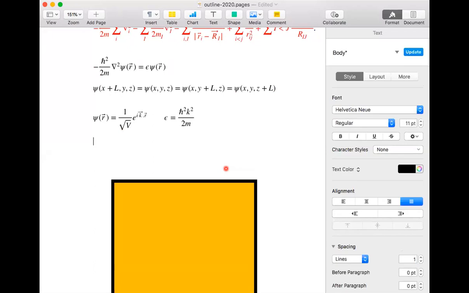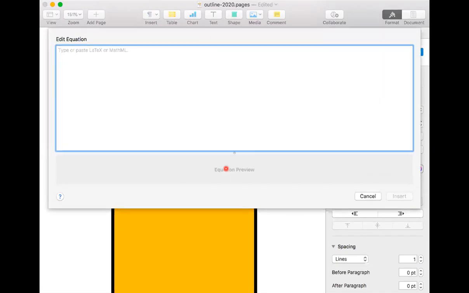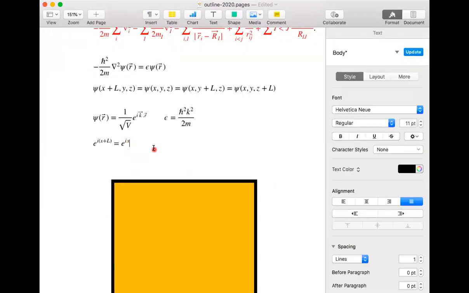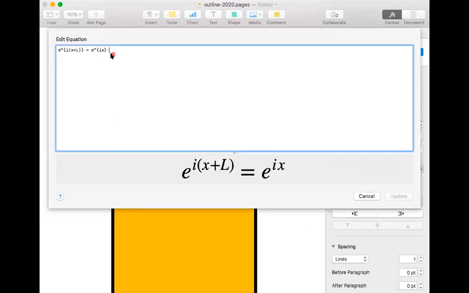So if I just look at, for example, the x part of it, what I'm saying is e to the i k x plus L is the same as e to the i k x. So that would imply that e to the i k L, so there was a k over here.